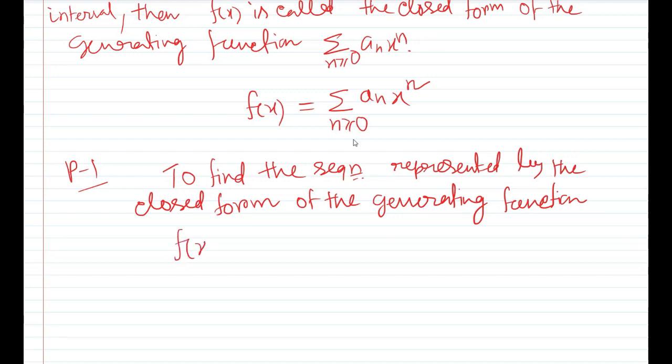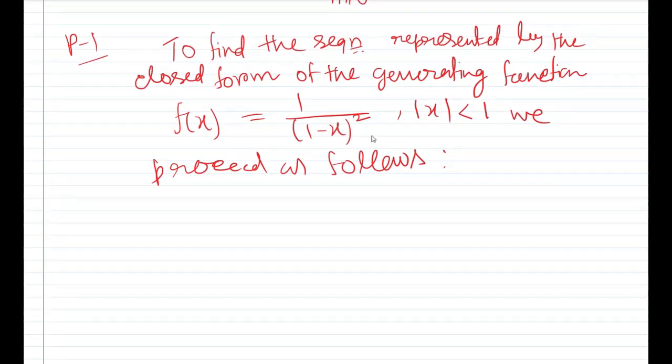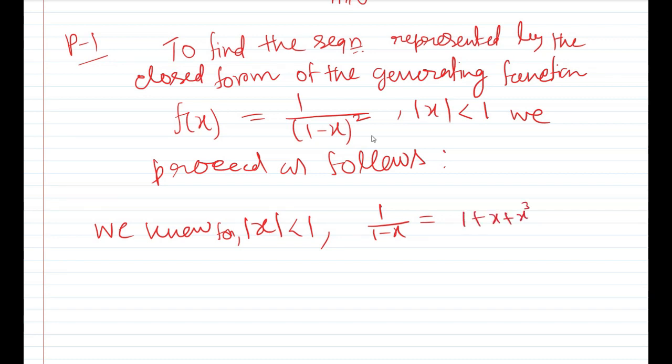The generating function f(x) is equal to 1 by (1 minus x) whole square, where mod of x is less than 1. We proceed as follows. We know for mod x less than 1, 1 by 1 minus x is equal to 1 plus x plus x square plus x cube and so on, which is the summation of x to the power n.